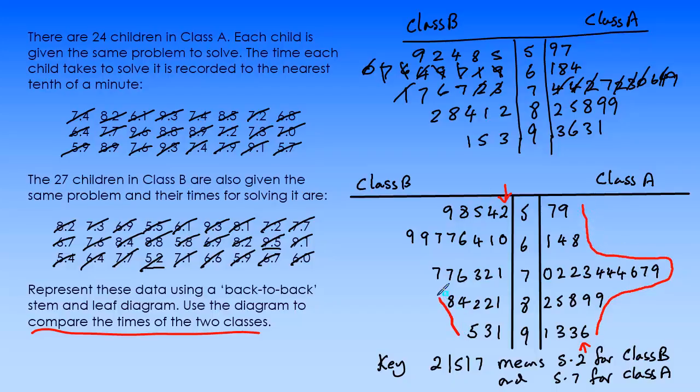And what should be clear from this is that Class B has more of its data at the top end of the graph here, which corresponds to the lowest times, and therefore we can say that Class B was on the whole quicker than Class A. And of course we can calculate other things like mean, mode and median in order to support that, but that's what we can see visually.